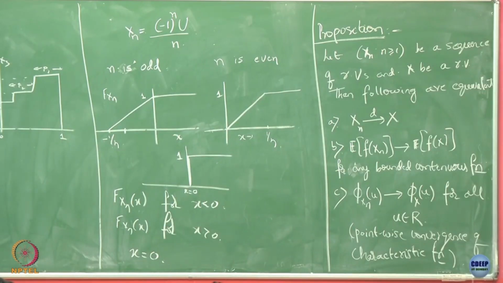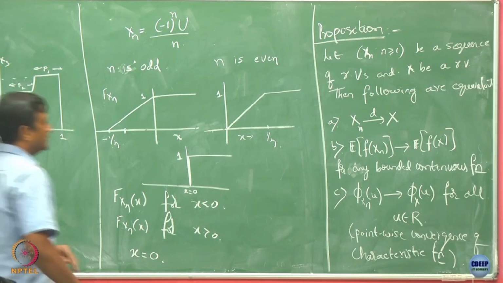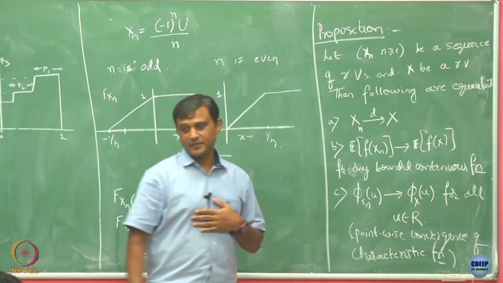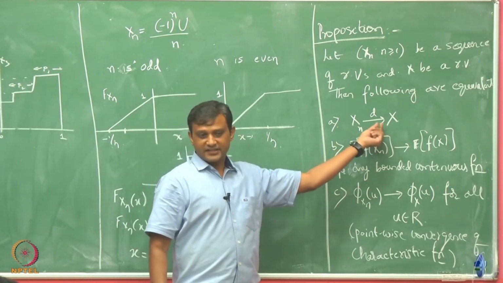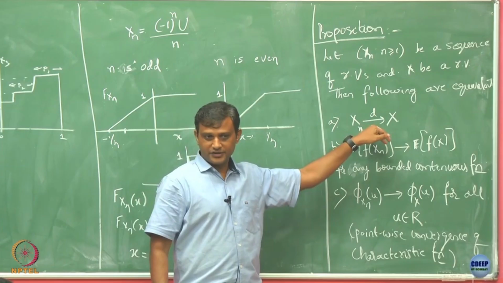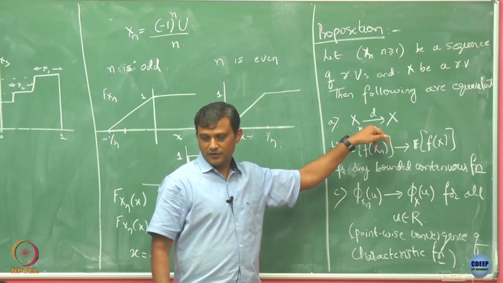So if we have a sequence of random variables and then another random variable X, then we are going to say all these three statements are equivalent. Either you say that Xn converges to X in distribution, to recall this notation, this is what we mean by convergence in distribution.